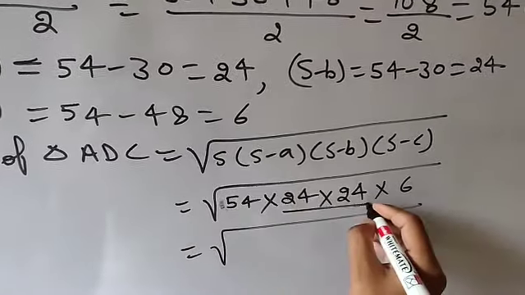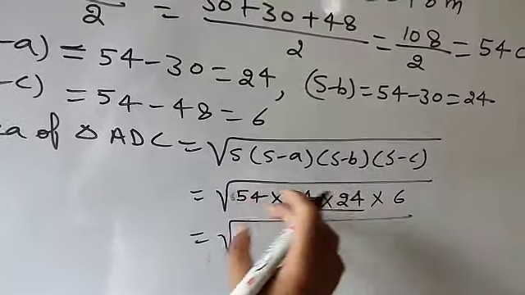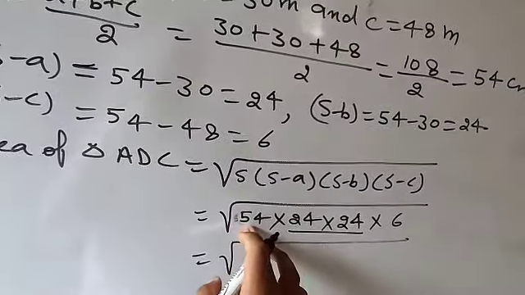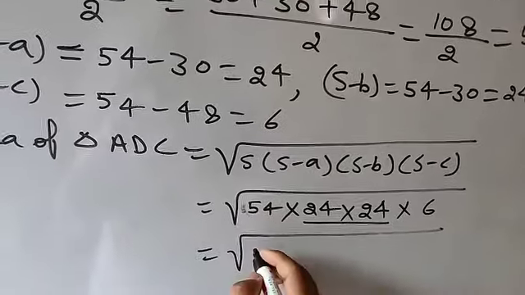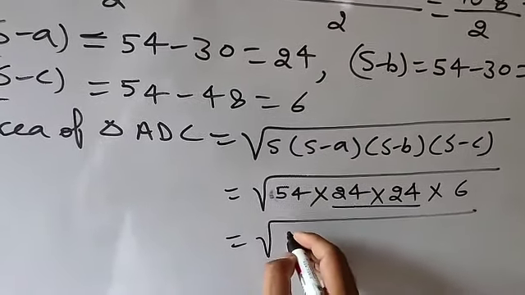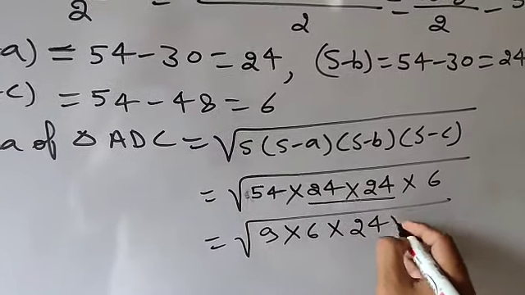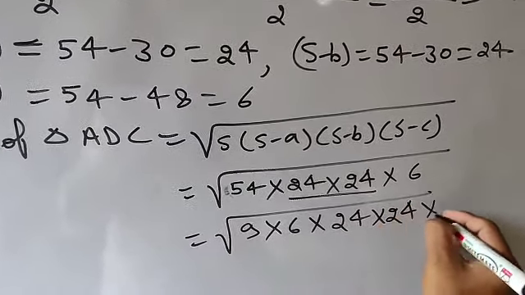Here students, 24 is already in a pair, so you will pick one 24 outside. Here I need to write the factors of 54. 54 can be written as 9 into 6. So 9 into 6 into 24 into 24 into 6.